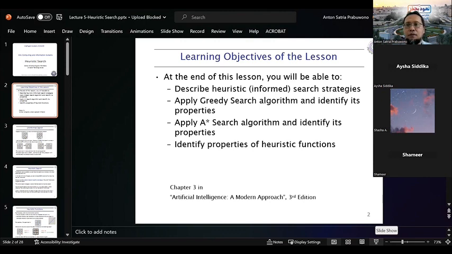So the content of these lessons is taken from chapter 3 of Artificial Intelligence: A Modern Approach, and this slide is also taken from the previous lecturer, Dr. Hashem, with a little bit of additional material, especially in the greedy search algorithm. All right.